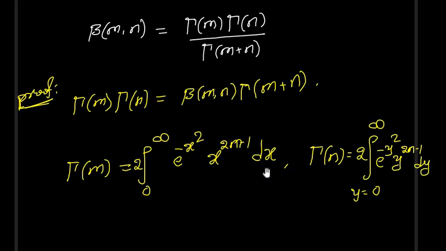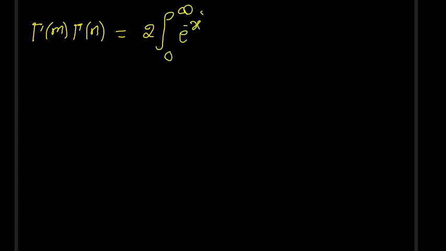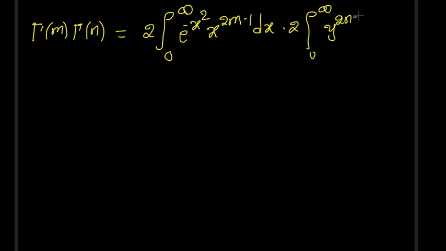So let us try to take their product. So gamma m times gamma n is exactly 2 times the integral from 0 to infinity of e to the power minus x squared into x to the power of 2m minus 1 dx, times 2 times the integral from 0 to infinity of y to the power of 2n minus 1 into e to the power minus y squared dy.